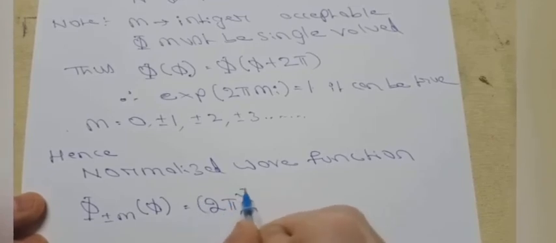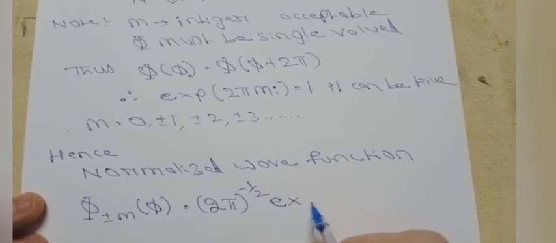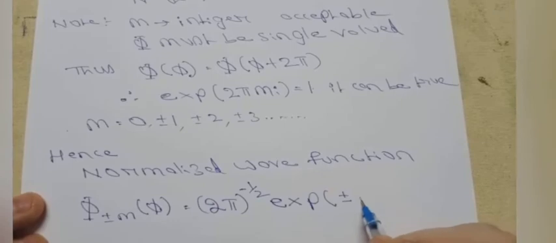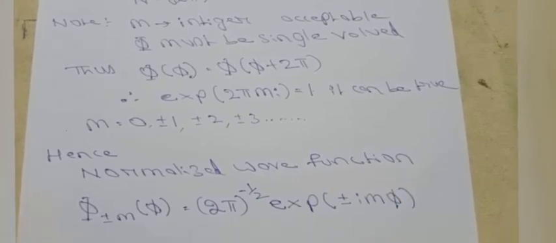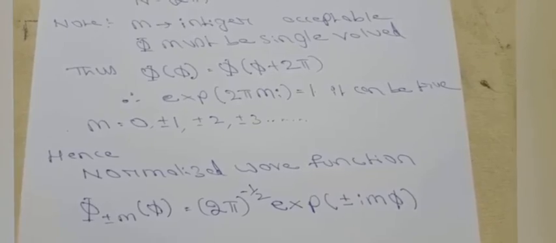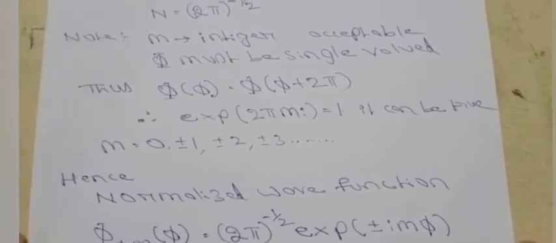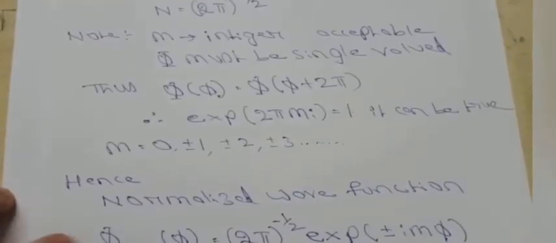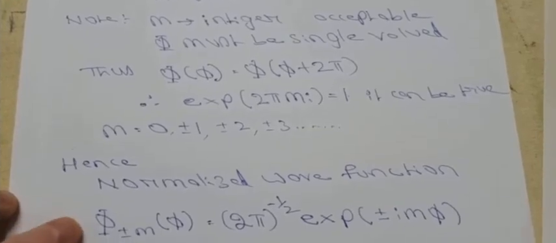Instead of N we are putting the value of N, exponential of plus or minus i m phi, where the values of m are 0, 1, 2, 3, etc. So this is the solution for equation 1. Now let us see the solution for equation 2.